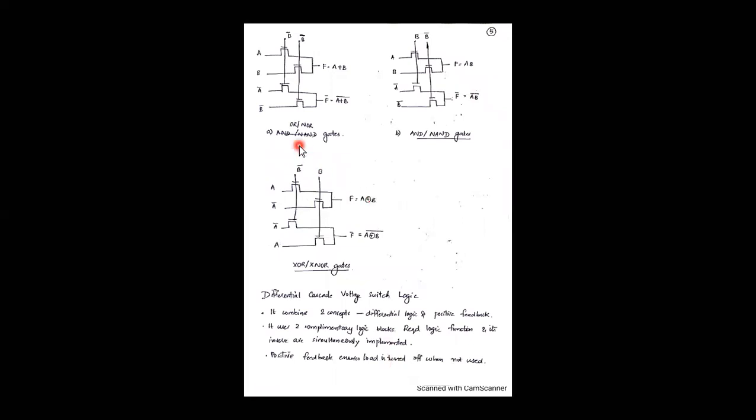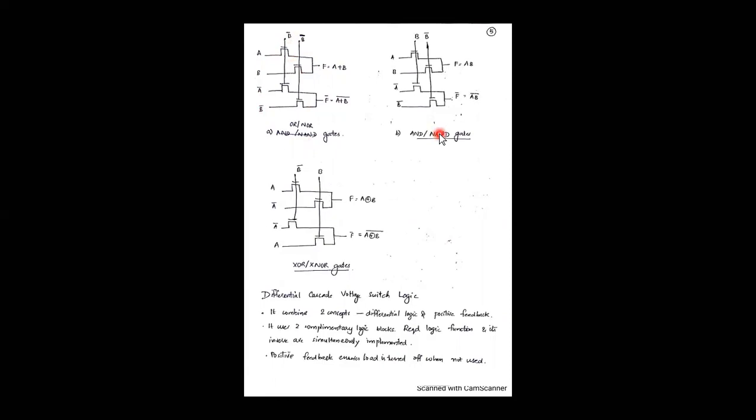So this is a CPL OR/NOR gate. See, you're providing the corresponding inputs and a particular combination at the gate. So here we get the OR gate, F is equal to A plus B, and F bar is equal to A plus B the whole bar. The NOR gate also we're able to get.